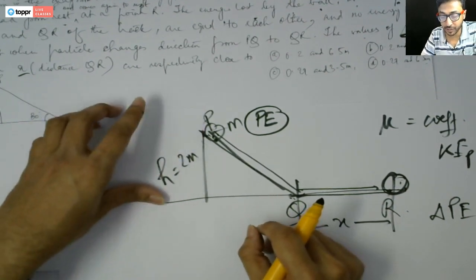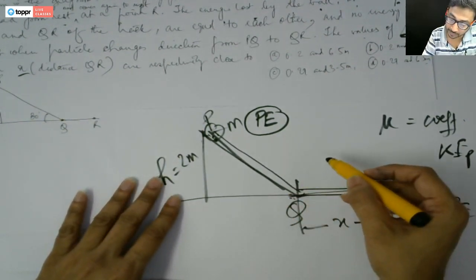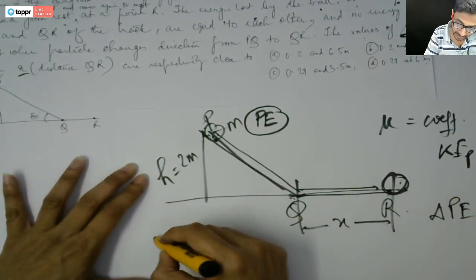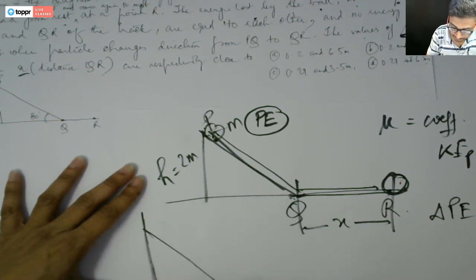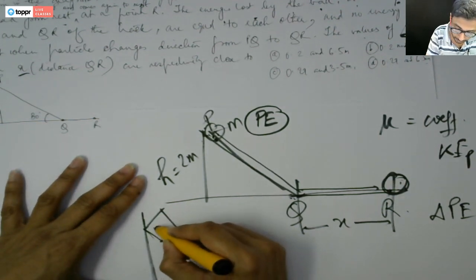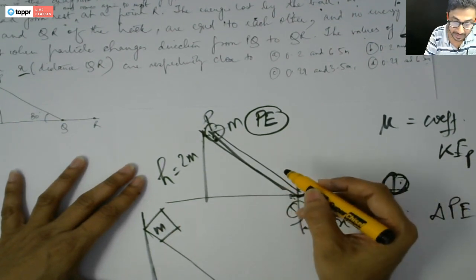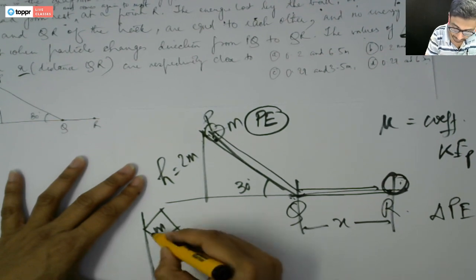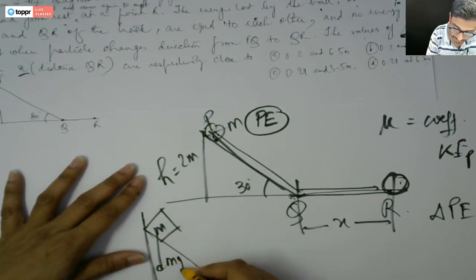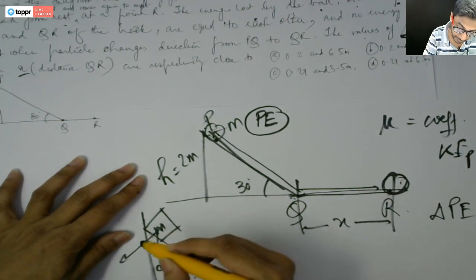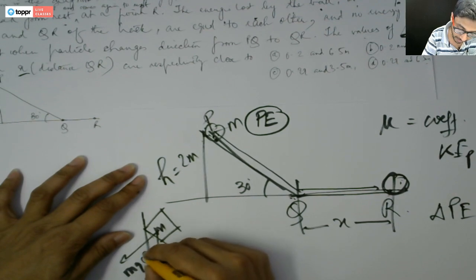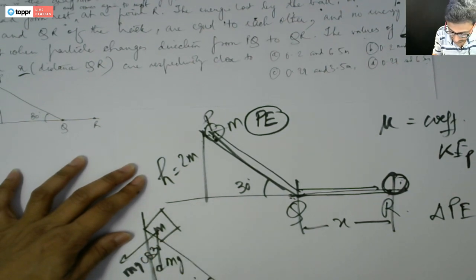Now, what are the frictional forces, and how are they taking part in these two paths, PQ and QR? Let us consider first PQ. When a mass m is on the incline, the angle theta is given as 30 degrees. This is mg. The force towards the plank is mg cos 30.